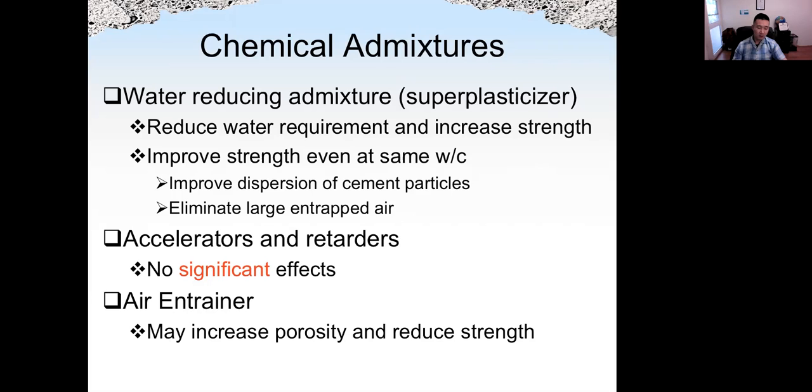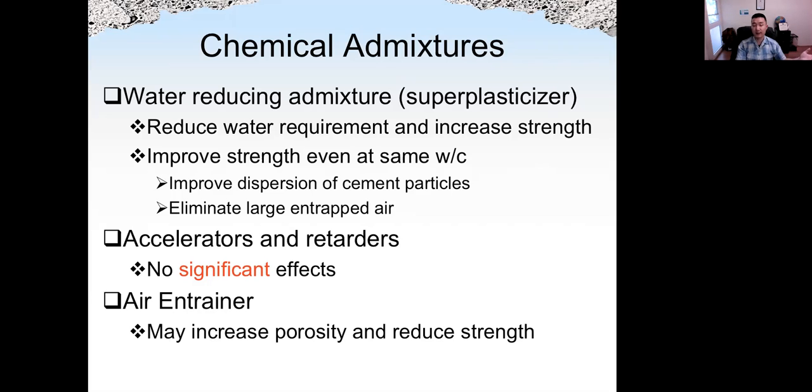For accelerators and retarders, it says no significant effect. That means no major effect, but there could be some minor effect. You can think of accelerator and retarder as using higher temperature or lower temperature. Accelerator is similar to increasing the temperature, so it accelerates the hydration speed.